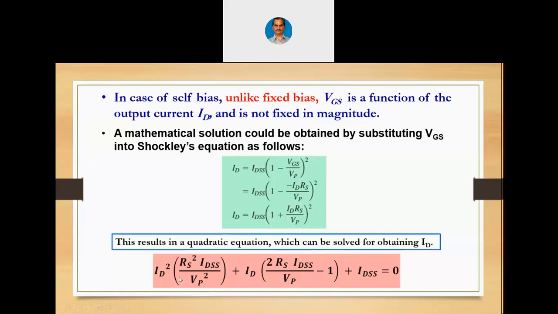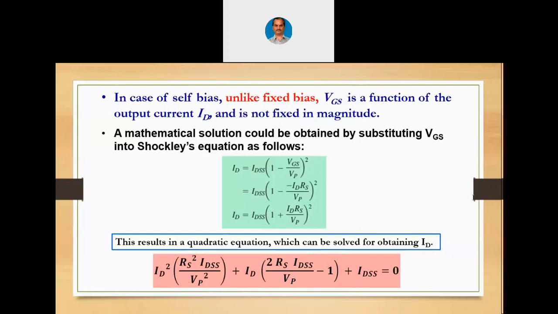Now this is of the form ax square plus bx plus c. So this ID itself is now x square, this ID itself is now x. RS square into IDSS divided by VP square itself is a, 2RS into IDSS divided by VP minus 1 is b, and IDSS itself is c. So that way we get a quadratic equation.